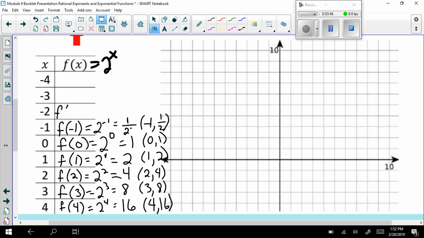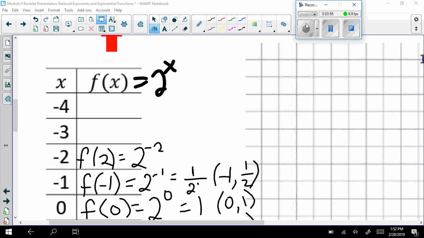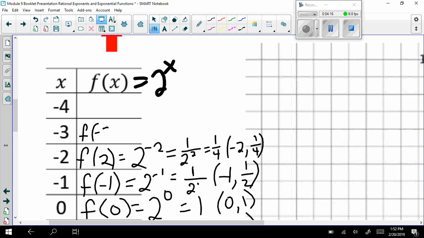f of -2. I'm going to do 2 to the -2. Negative exponent drops you to the denominator. So that's 2 squared in the denominator, which is 1/4. So that's the point -2, 1/4. f of -3 is going to be 2 to the -3, which is 1/2 cubed, which is 1/8.